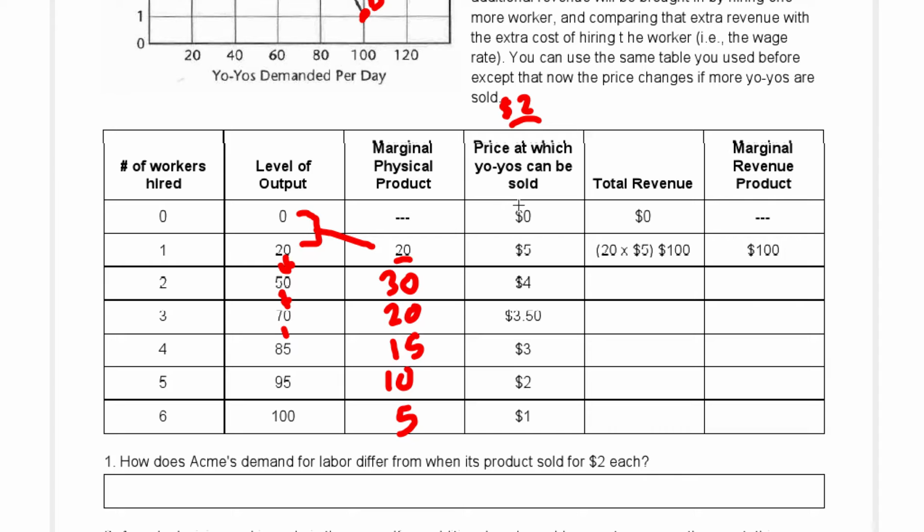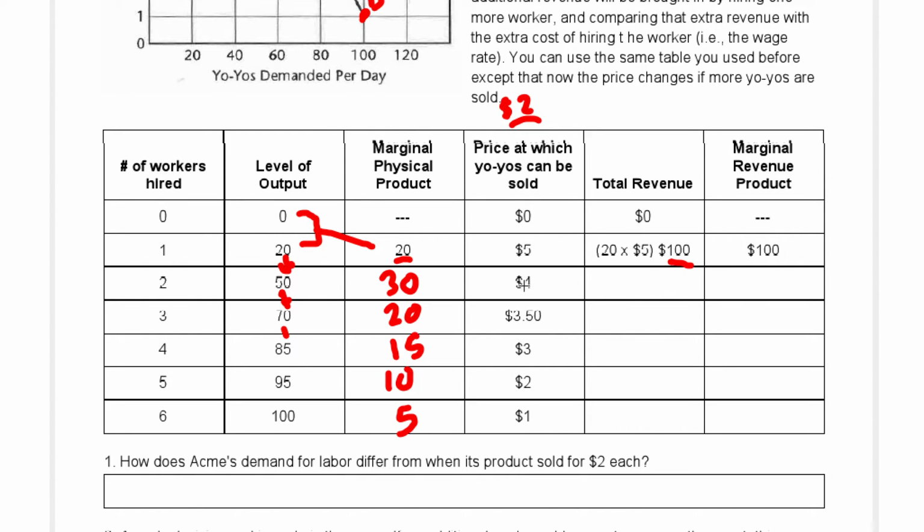What happens here is at each quantity, we're not going to have the same price all the way down. If I'm only trying to sell 20 yo-yos, I can charge $5 and clear out my shelves at the end of the day. So 5 times 20, $100.